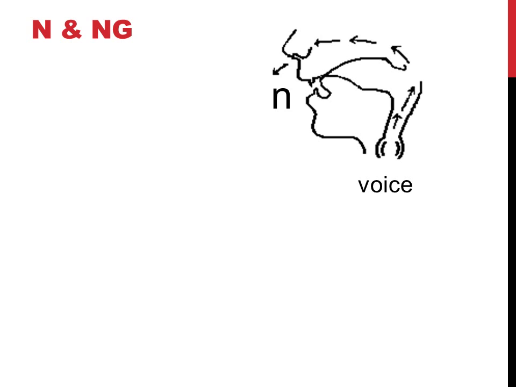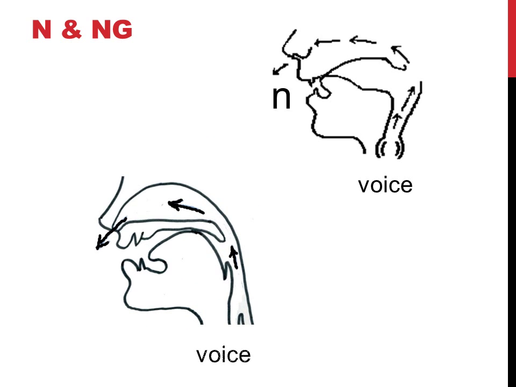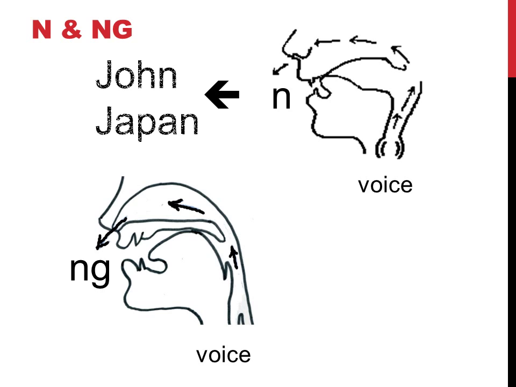The other sound, the voice comes in the same sort of way, but this time we are pushing the back part of the tongue up against the back part of the roof of the mouth. For example, John with an n, and Japan with an n. Even though they come at the end of the word, they're still John and Japan. They're not Jong or Japang.